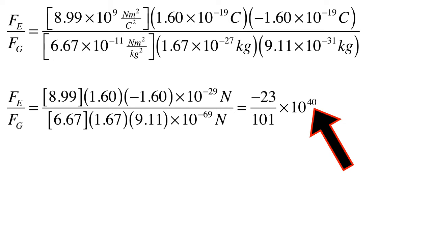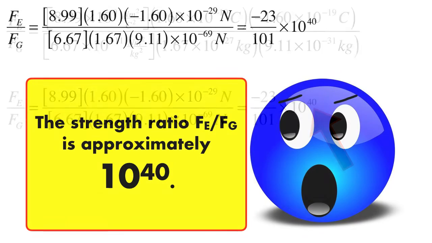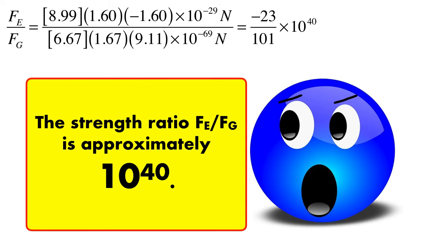So what that means is that the strength of the electric interaction is roughly 10 to the 40, that's a 1 with 40 zeros, times bigger than the gravitational force. Now, here's the bottom line for this analysis.